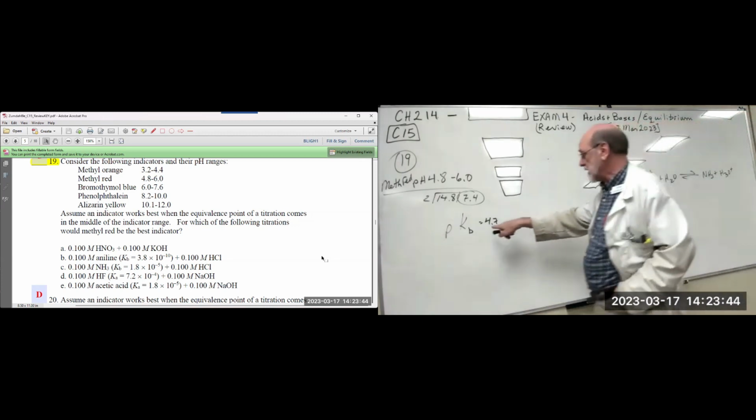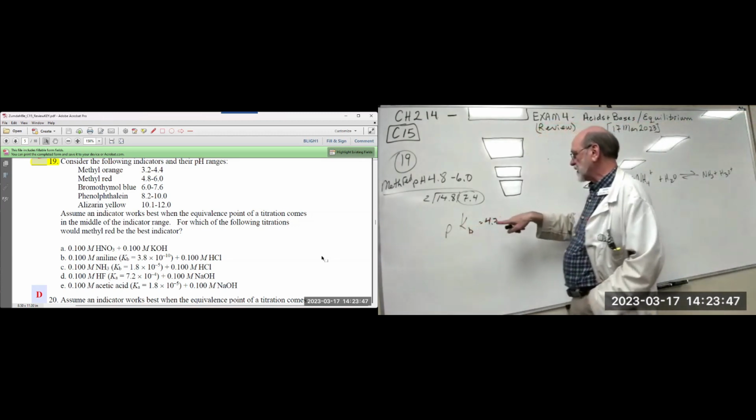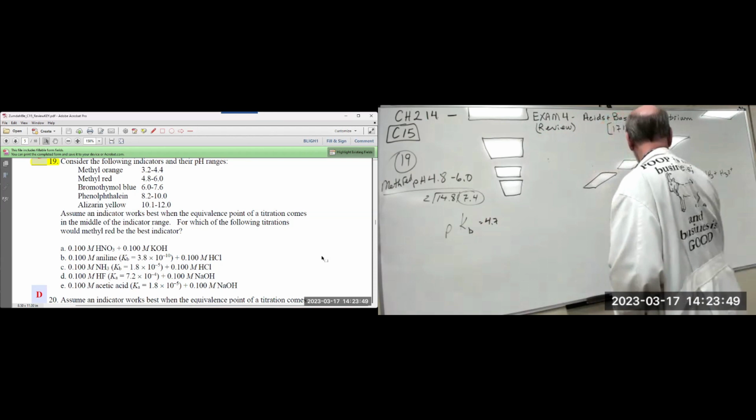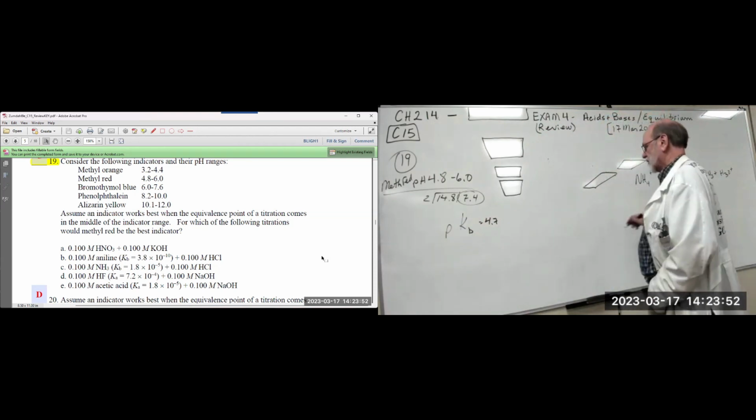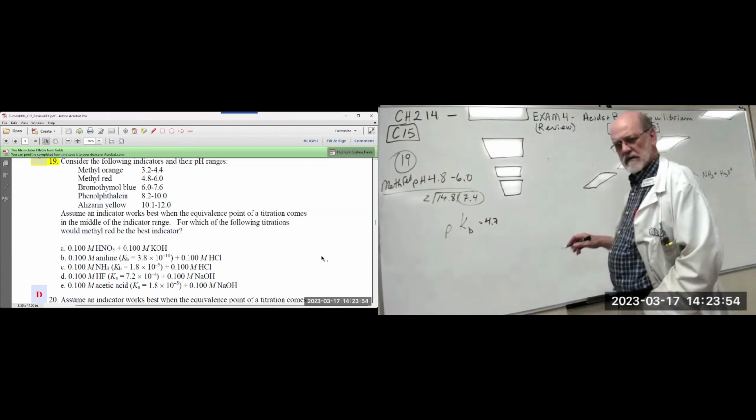So what we need is not the pKb, but the pKa, because this is a Ka.